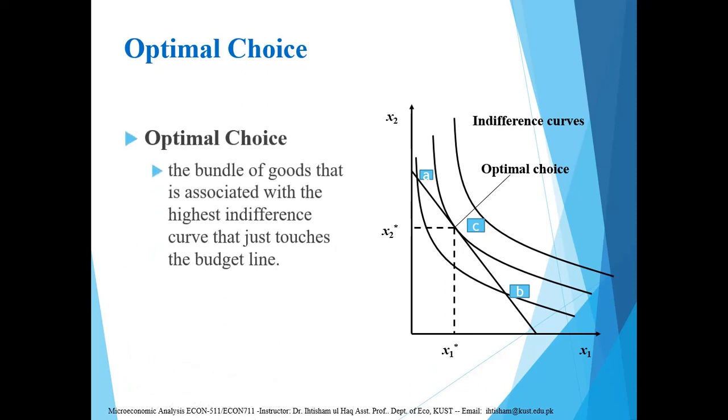So we can define optimal choice as the bundle of goods that is associated with the highest indifference curve that just touches the budget line.